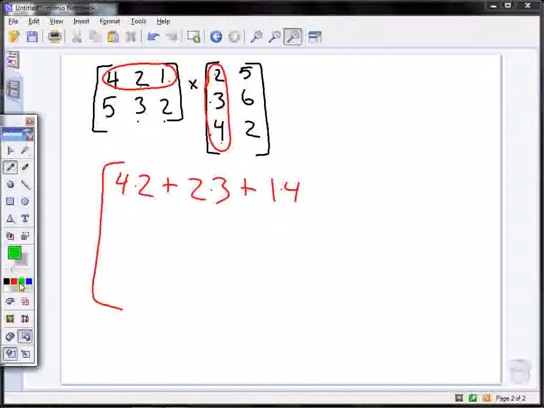Now, I'm going to multiply the second row by my first column. And again, I will multiply the corresponding elements, and then I will add them together.